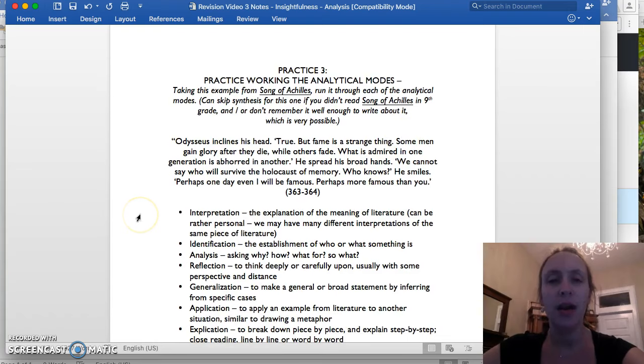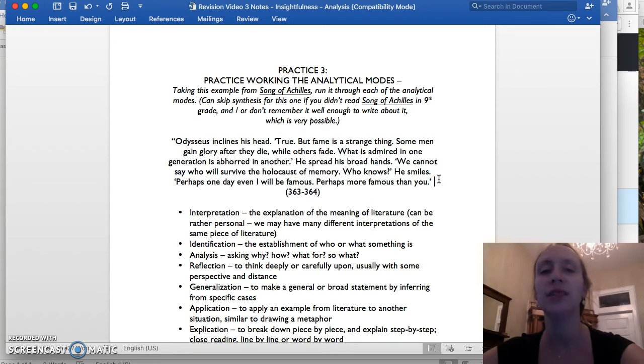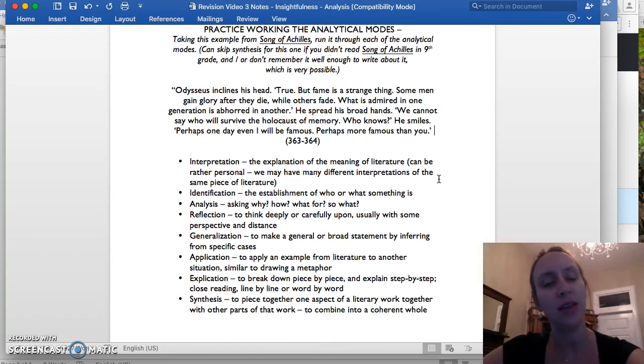Third one, I give you another example from Song of Achilles, and this is Odysseus talking to Pyrrhus, who's Achilles' son, who's a really awful guy. But you could analyze this just in and of itself. It's just like good stuff to think about. So run this piece of evidence, this example, through each of the analytical modes.